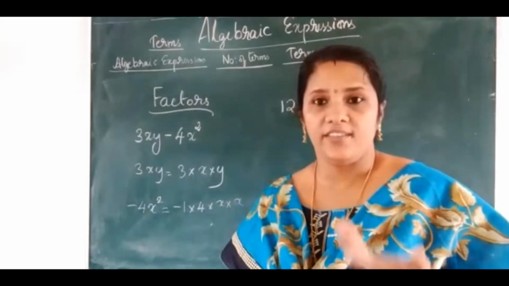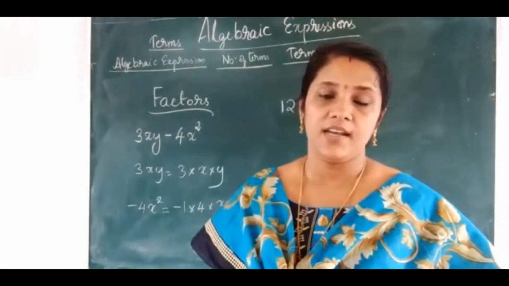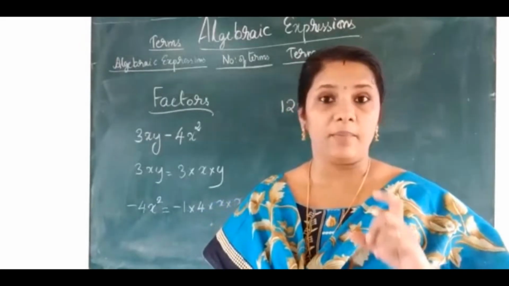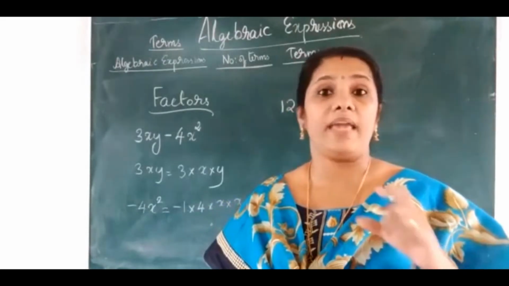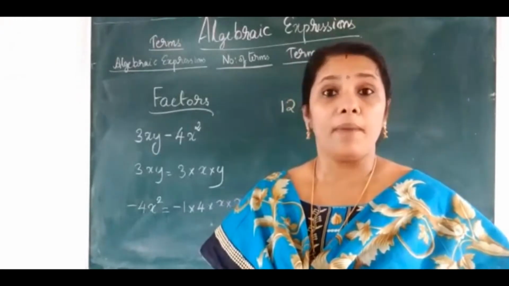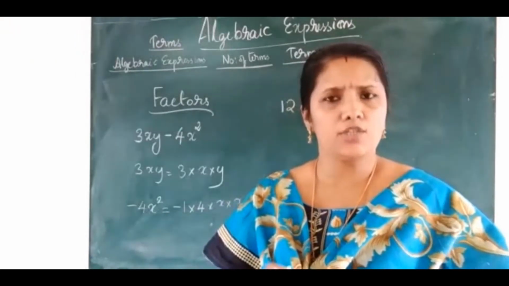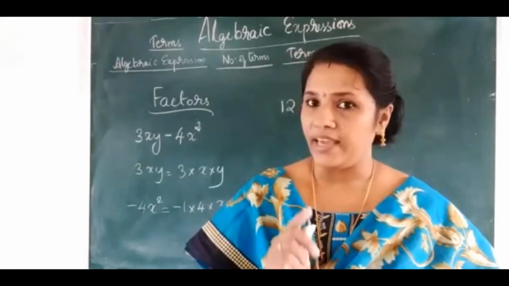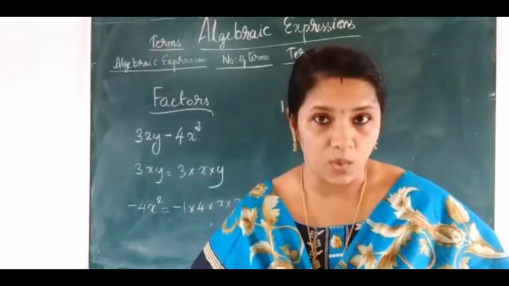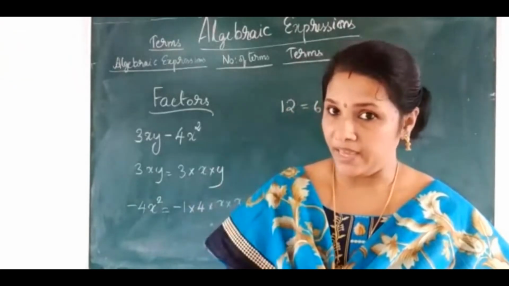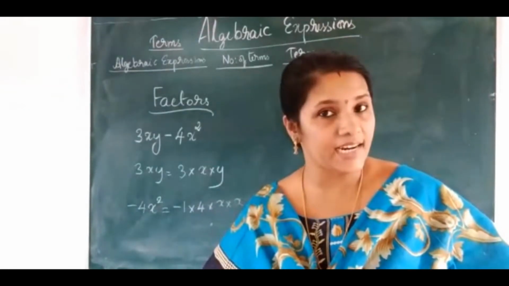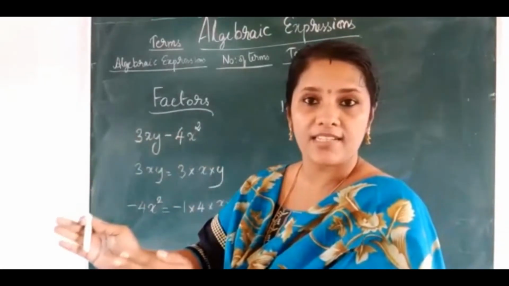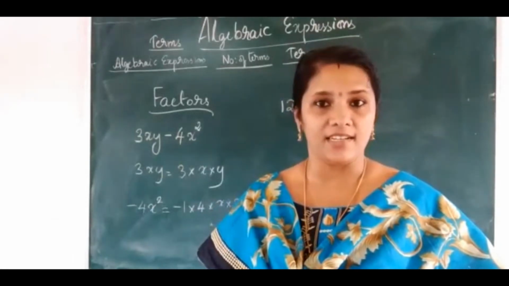So how can we define a factor? Factor means each of the quantities, which may be a constant or a literal, multiplied together to form the product. They are called factors.